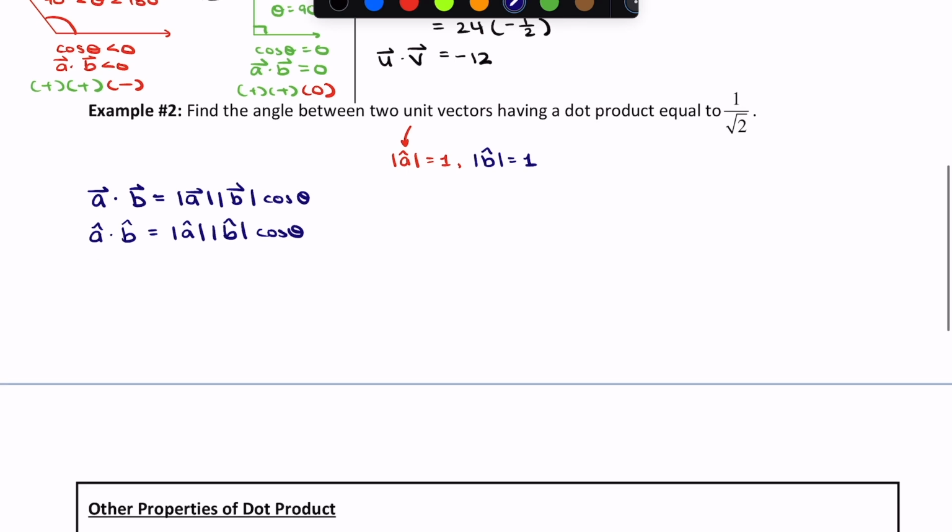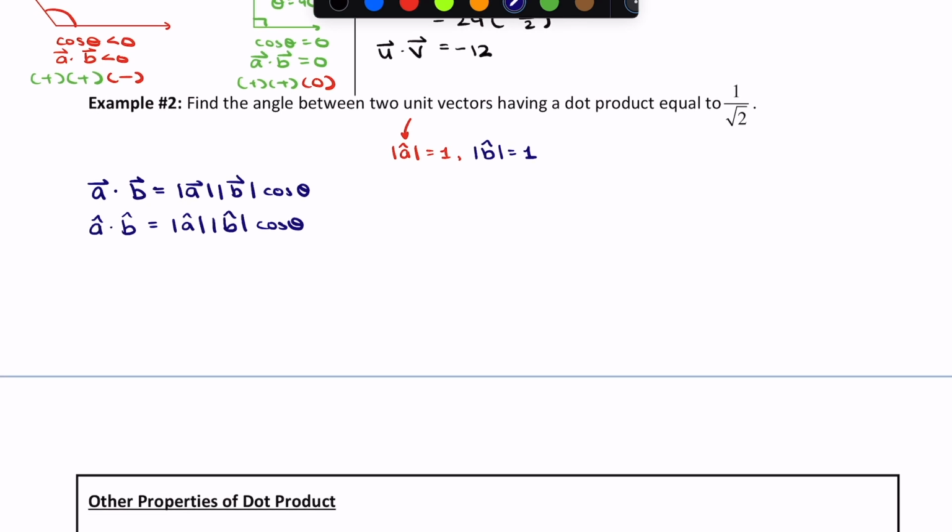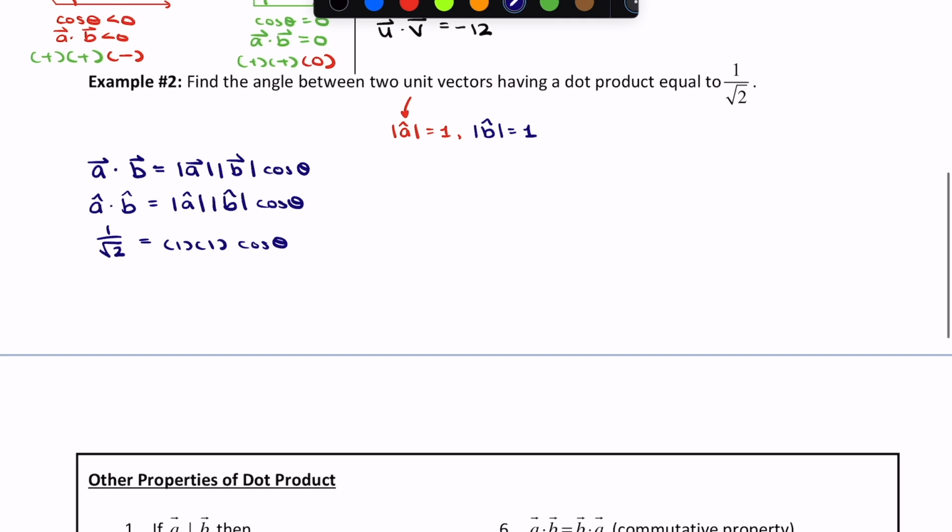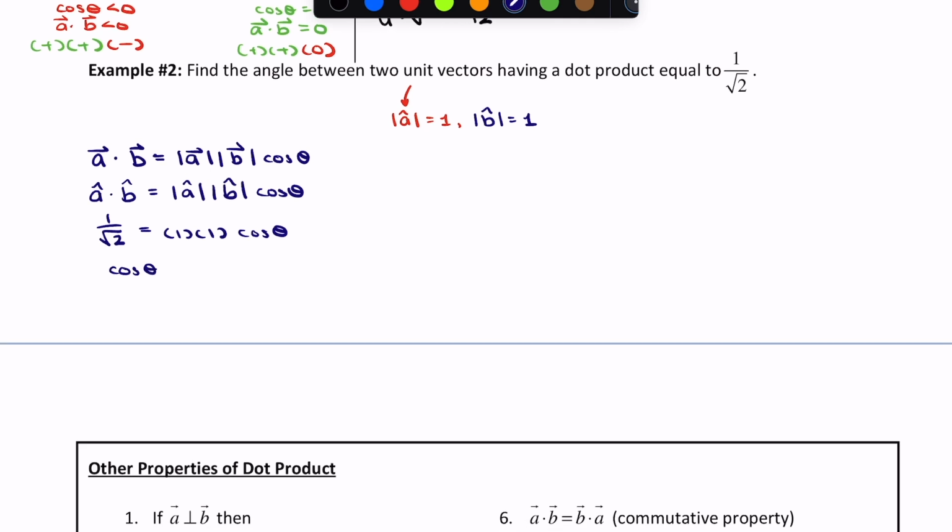We know that, again, the dot product is equal to 1 over square root 2. And here both the magnitudes are 1, cos theta. And so here we have cos theta is equal to 1 over square root 2. Since cos theta gives us a positive value, we know that it'll be in quadrant number 1, and therefore cos theta is equal to 1 over square root 2 when theta is equal to 45 degrees.